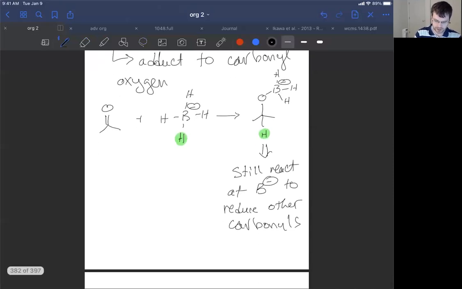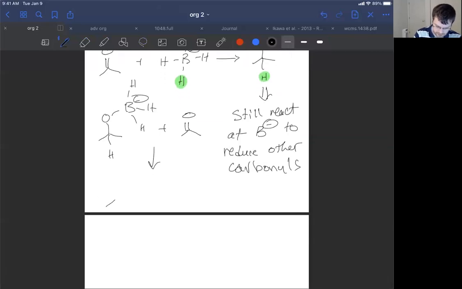So what I'm saying is that in theory, if you take this molecule, which I had just drawn, and you add it to another molecule of acetone, what you'll get is an outcome where now the boron is bonded to two oxygens and both of the carbonyls have been reduced.